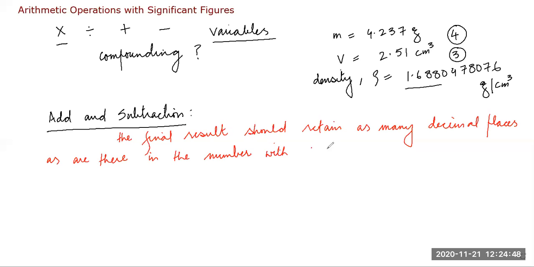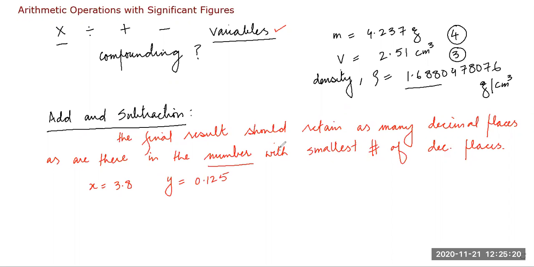With smallest number of decimal places. Now what is this number? So these are the values of the variables we talked about. Now let's say we have x is equal to 3.8, some variable, and y is equal to 0.125.